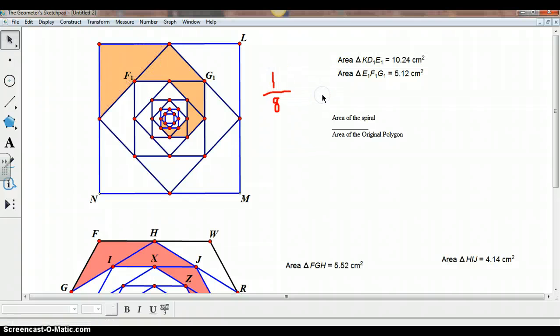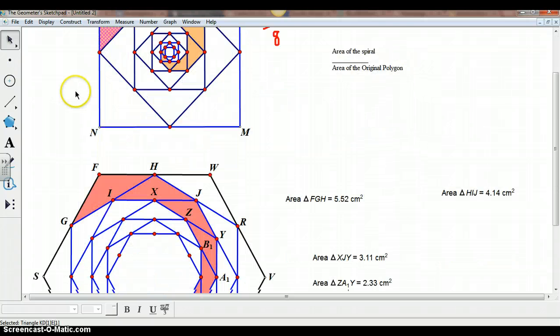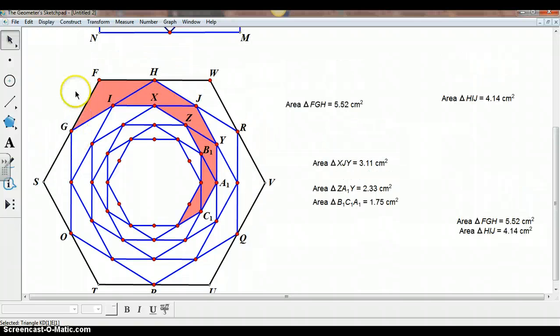Then we found the area of EFG, and EFG is exactly half of KDE. So this highlighted triangle is half of this other highlighted triangle. That's how we can figure out the ratio for this, which is going to be 1/2, but it's much harder when we look at regular polygons like the hexagon.